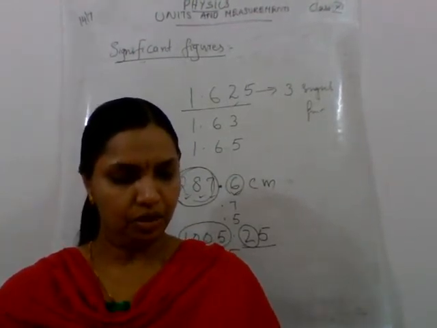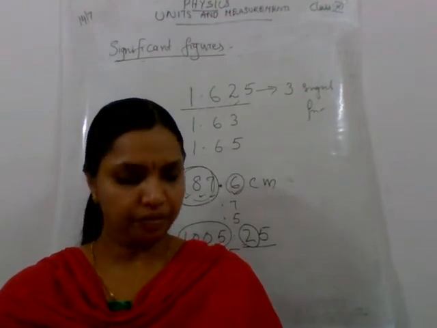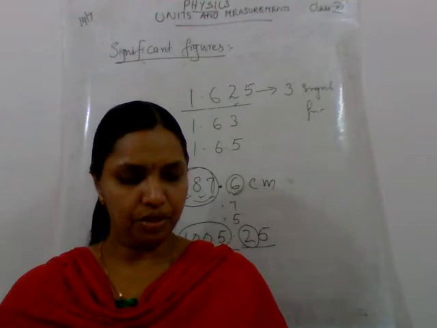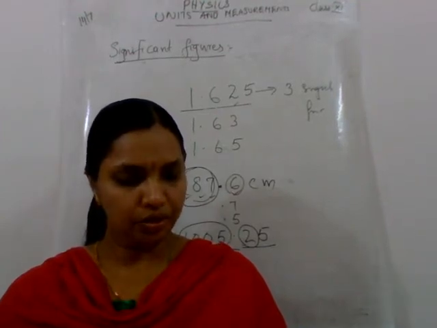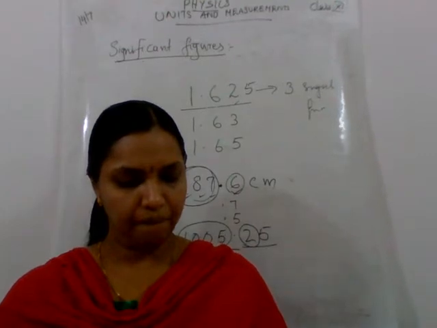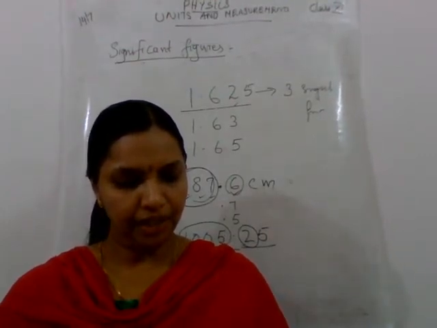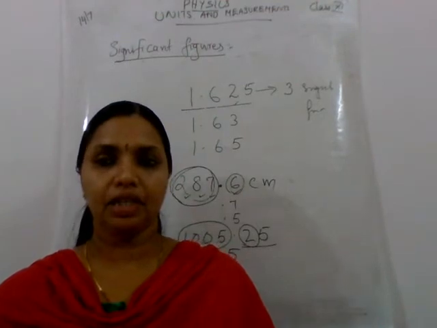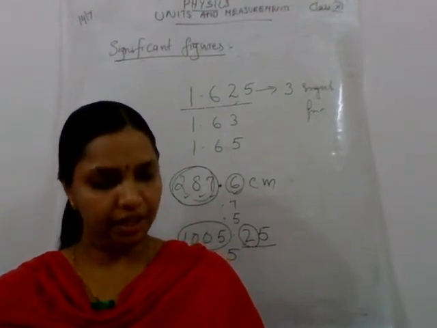Fourth one, all zeros to the right of a non-zero digit, but to the left of a decimal point, are significant.